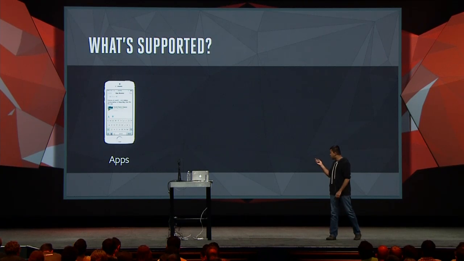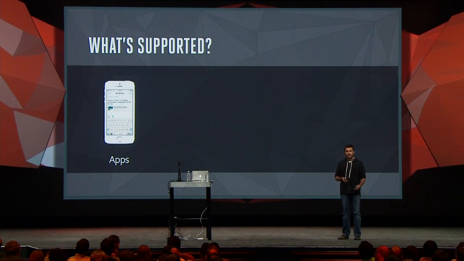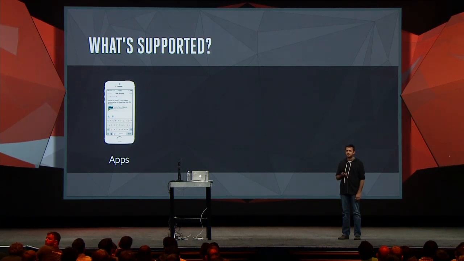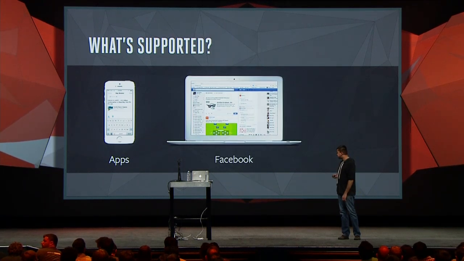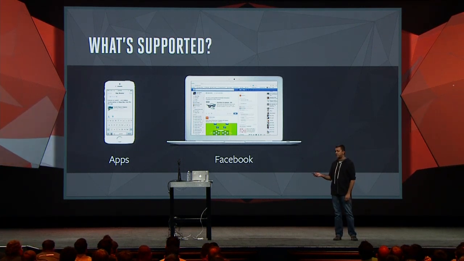Let's move to the second question, which is, what are the different ways in which the apps support app links? The first one is URLs that are shared directly from your apps. You can use our APIs. You can use our dialogs, like the share dialog or the message dialog. It doesn't matter how you share a URL from your app back to Facebook, it'll be supported. It gets better. Links that are directly shared on Facebook are also eligible.